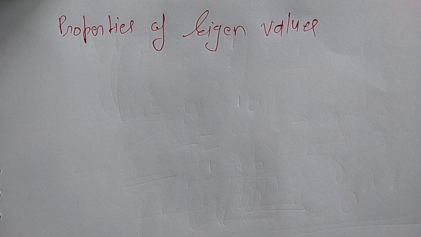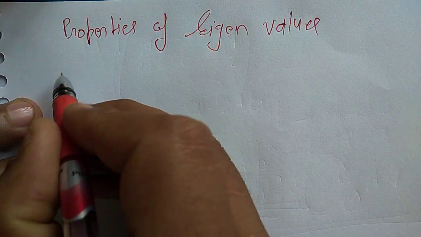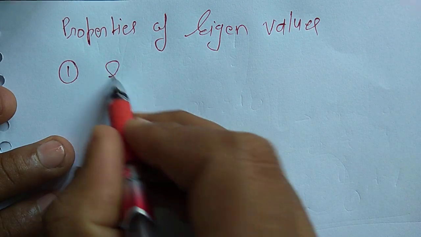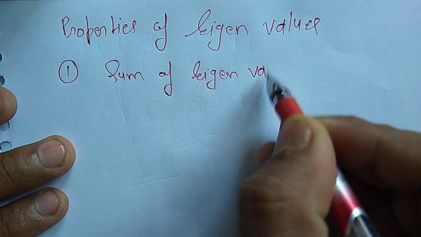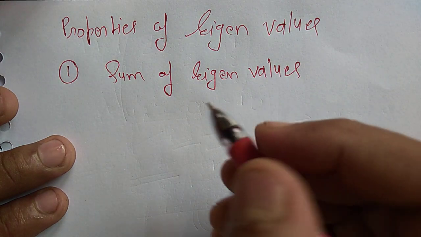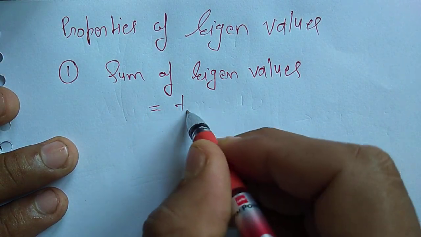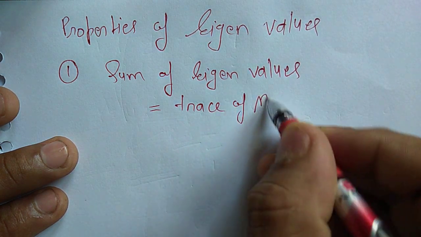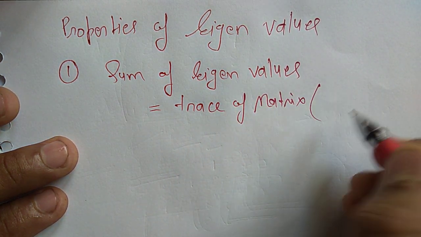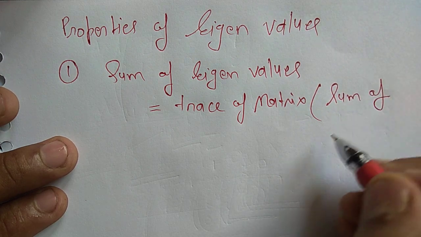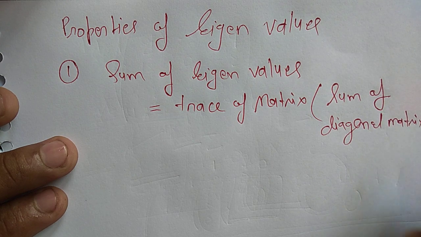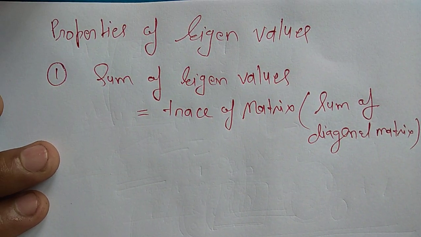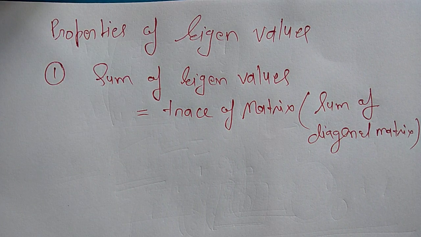Let us look at the properties of eigenvalues. The first property: the sum of eigenvalues is equal to the trace of the matrix, which is also equal to the sum of diagonal elements.